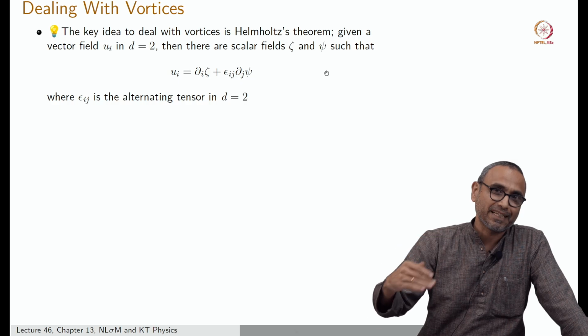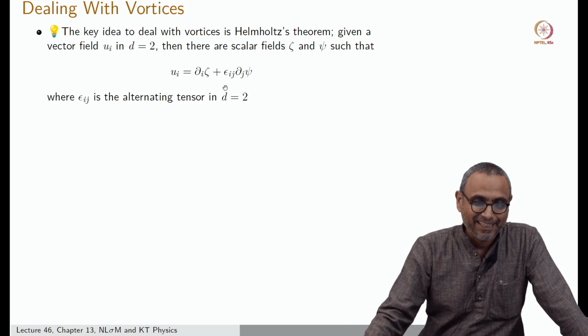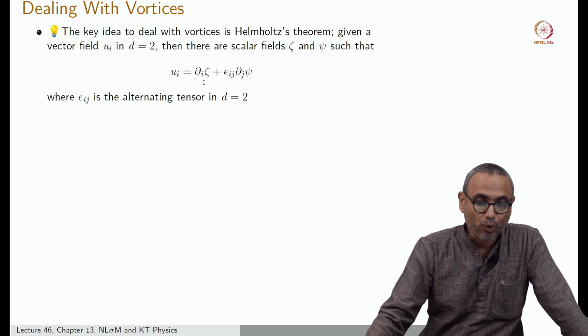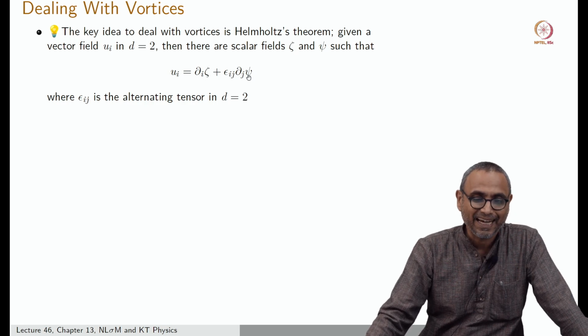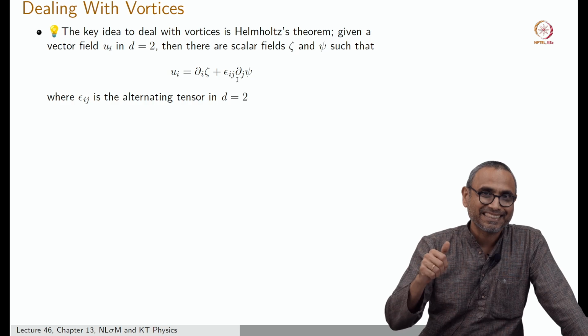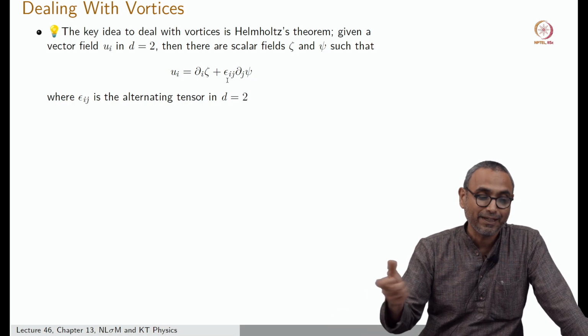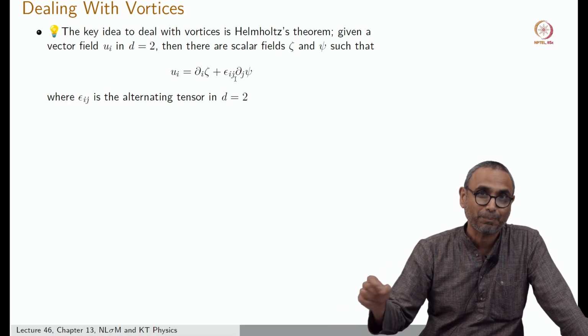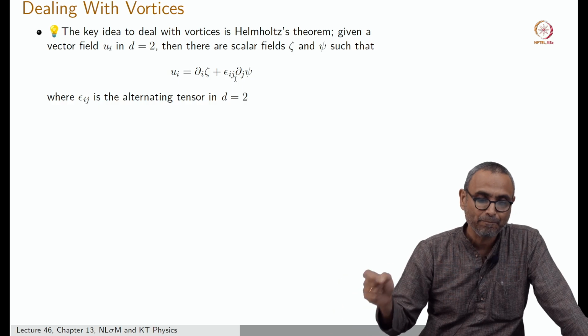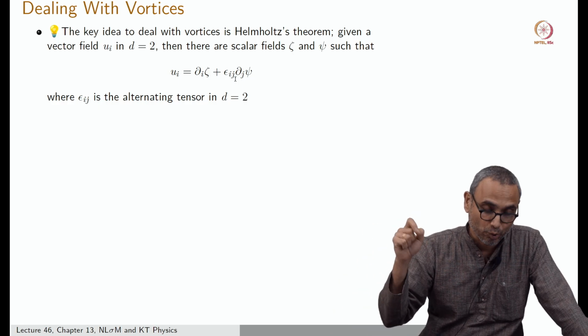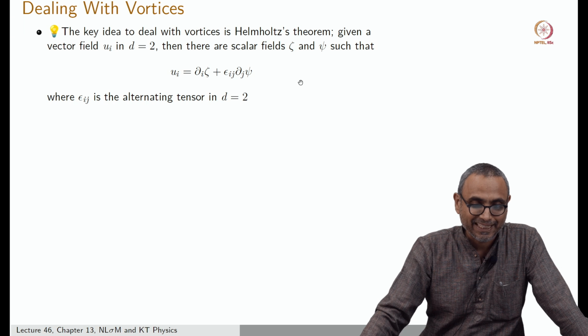If you write the Helmholtz theorem in 2 dimensions, you will see that associated with every vector field there are 2 scalar fields, zeta of x and psi of x, such that u_i can be written as the gradient of zeta plus epsilon_ij d_j psi, where epsilon is the fully antisymmetric tensor. That means epsilon_12 is plus 1, epsilon_21 is minus 1, epsilon_11 is 0 and epsilon_22 is also 0. So it's called the alternating tensor.